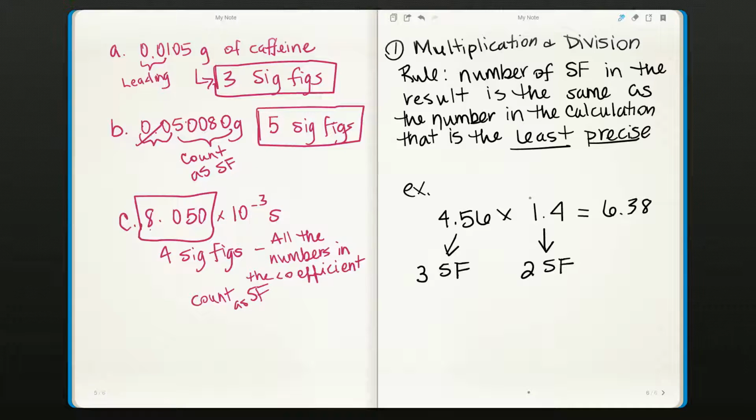So that means that our least precise number in our calculation is 1.4, and therefore it determines how many sig figs our answer will have. So we're going to mark our answer here because it should only have 2 sig figs, so that's that 3, and then we're going to round. So your final answer would be 6.4.